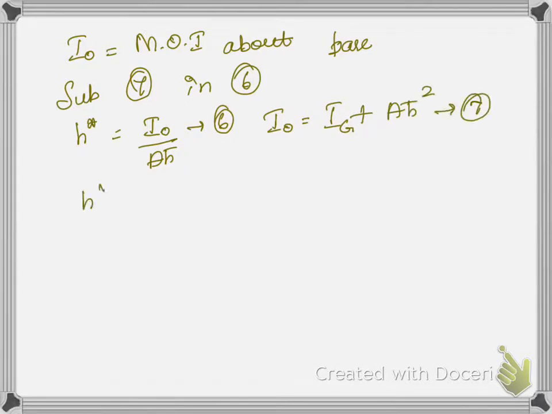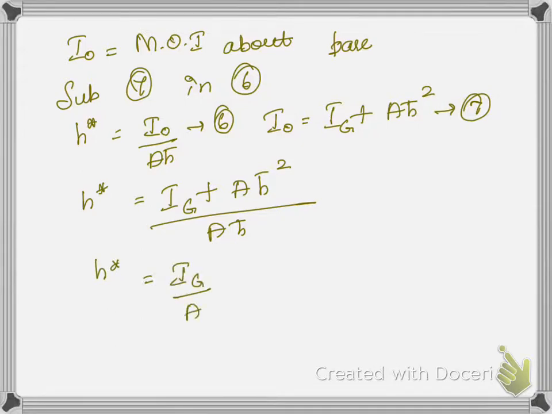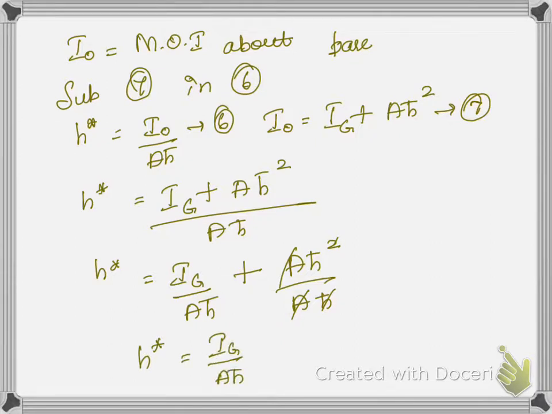So simply substitute it. H star is equal to Ig plus A H bar square by A H bar, which gives H star is equal to Ig by A H bar plus A H bar square by A H bar. So this A and one H bar will get cancelled. My H star will be equal to Ig by A H bar plus H bar.